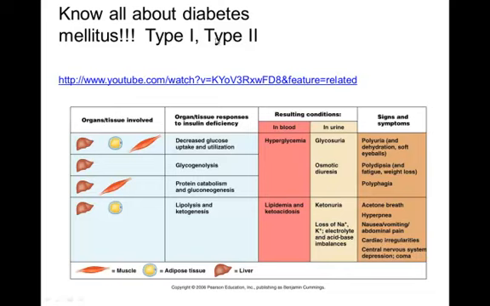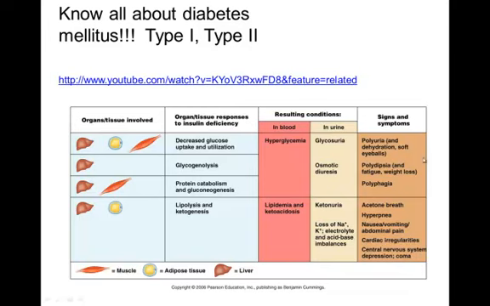So what happens in diabetes, these are our tissues that are involved. We have the liver, we have fat, and we have skeletal muscle. And in this column, we're saying the responses to insulin deficiency, or in this case, not being able to respond to the insulin that we're making.